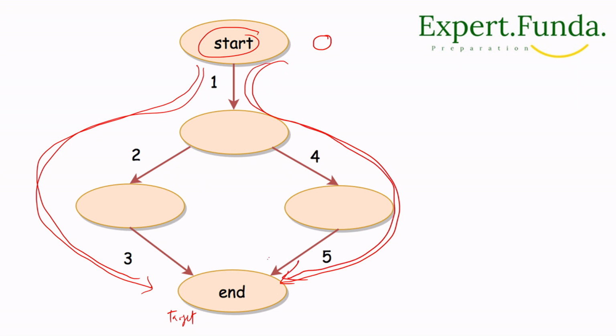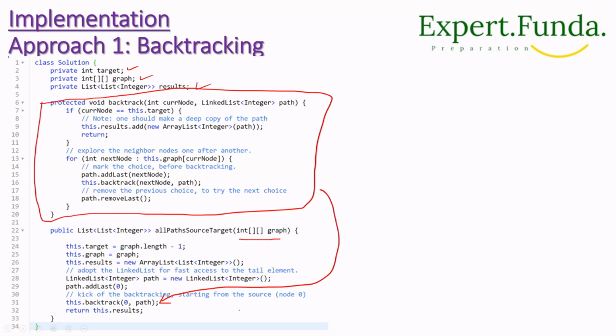This path is a list of integers, so we will get the path here.